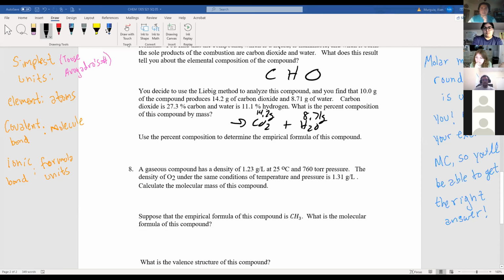Okay, so let's quickly do this here. If you're kind of confused, it's okay. So we see that we have 14.2 grams of carbon dioxide, and carbon dioxide is 27.3% carbon. So we can get the amount of carbon we have. So what is 27.3% of 14.2 grams?